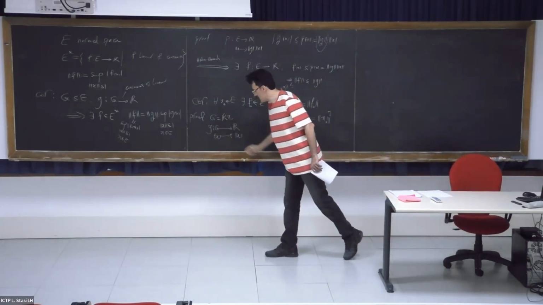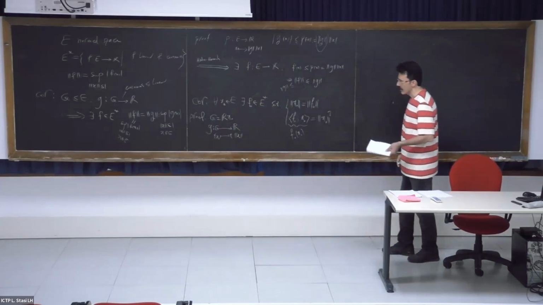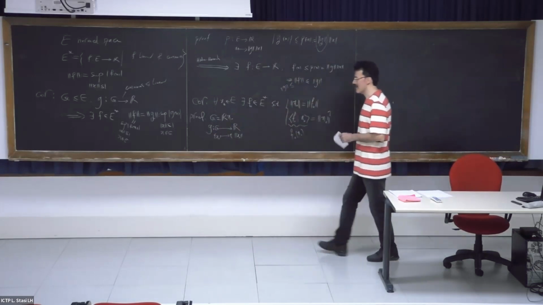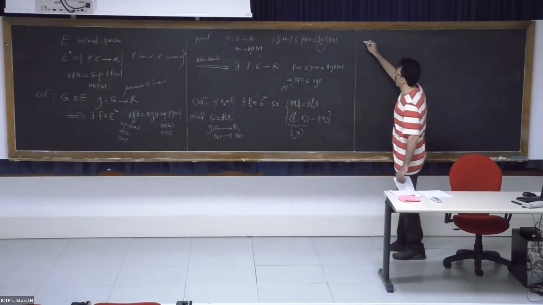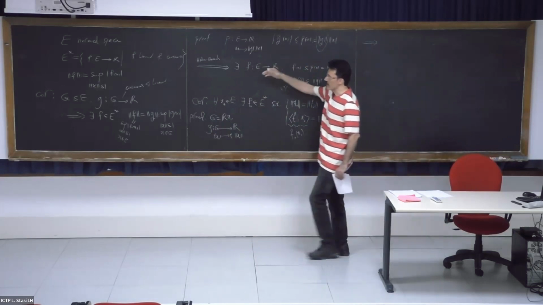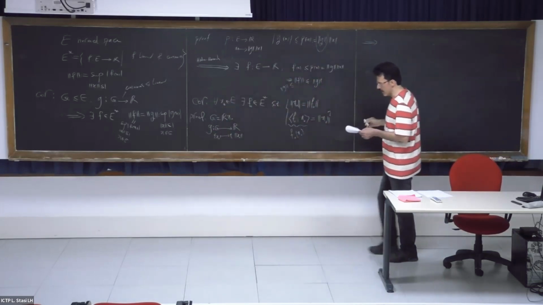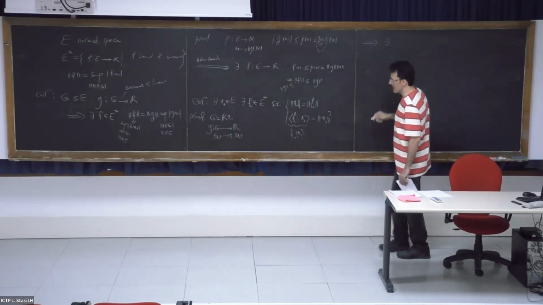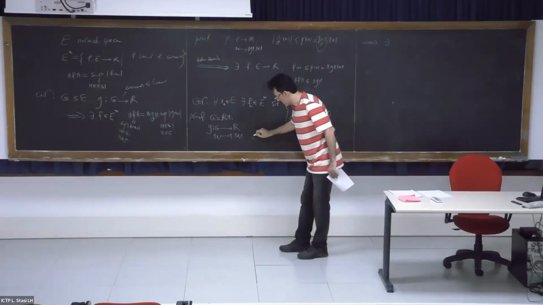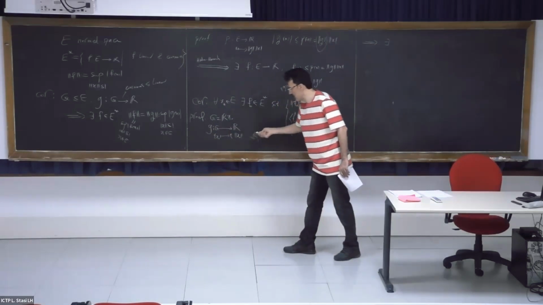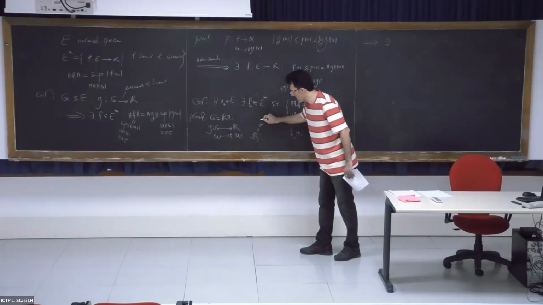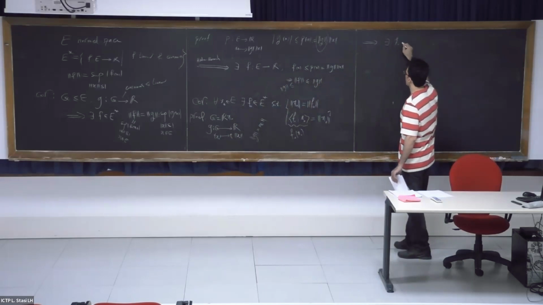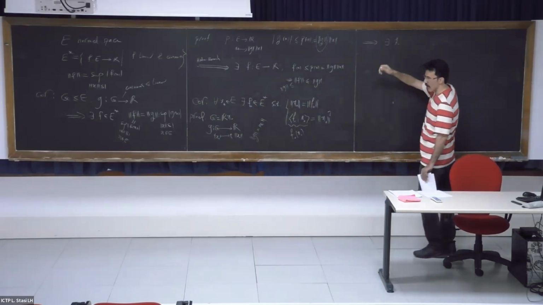You see that G is linear, and we may have an extension for G with the same norm. So by the previous corollary, the norm of G is exactly the norm of x0.